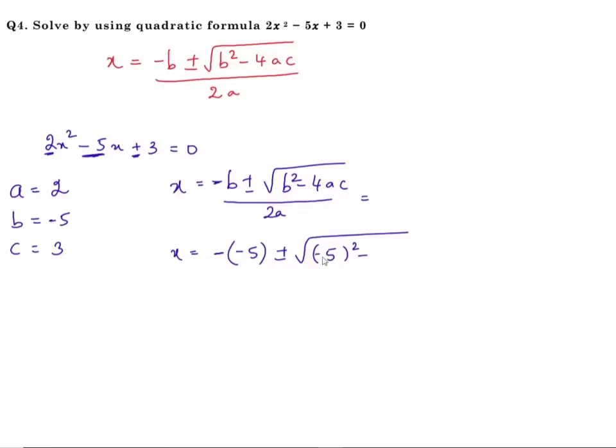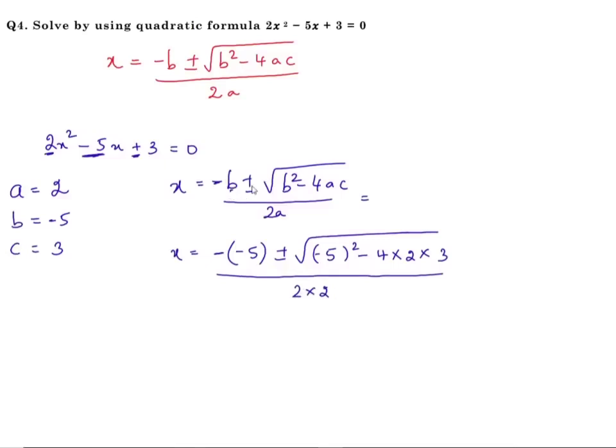Because of the minus sign, I have put the b value inside the bracket. 4 into a value 2, c value 3, whole divided by 2 into a value 2.